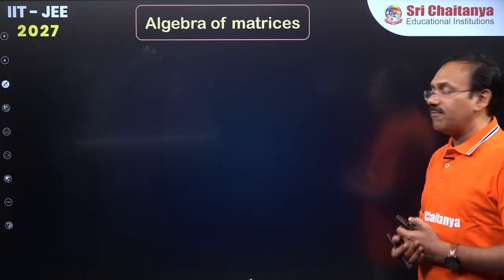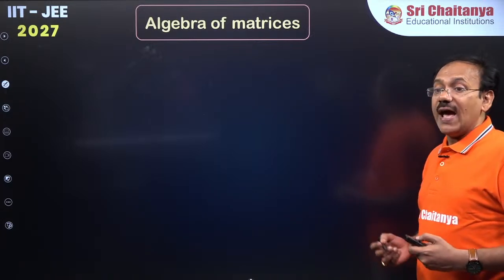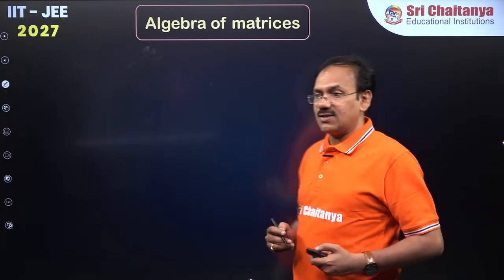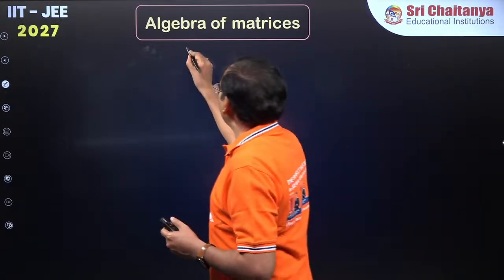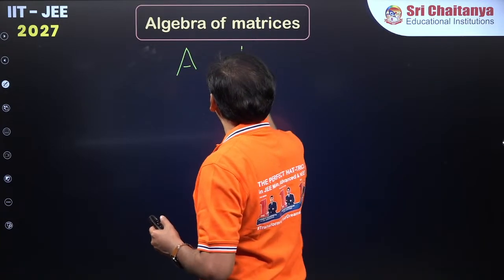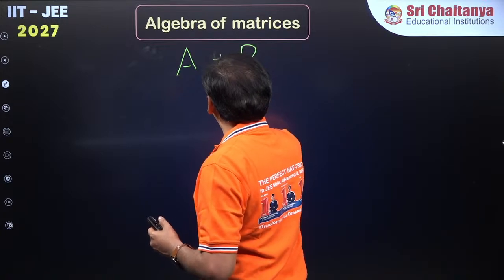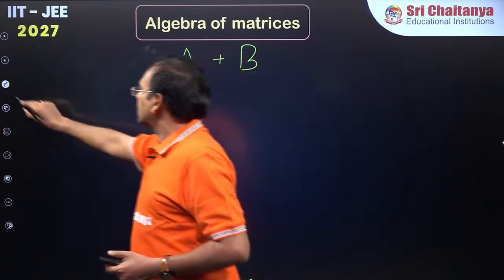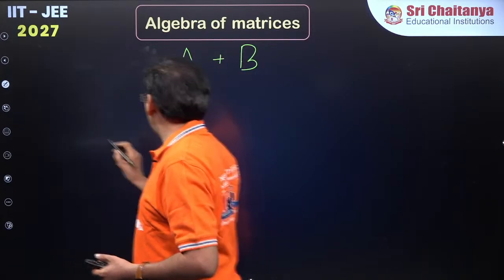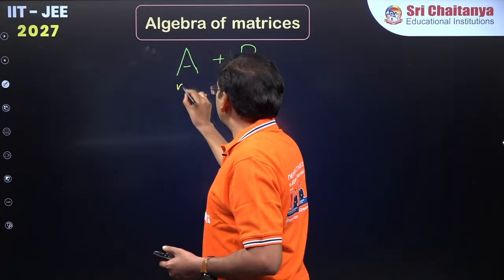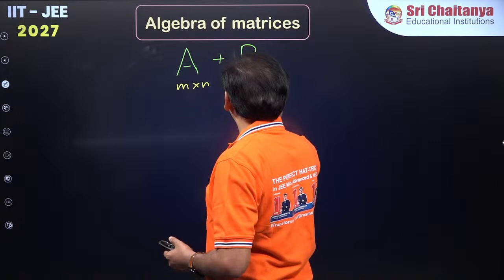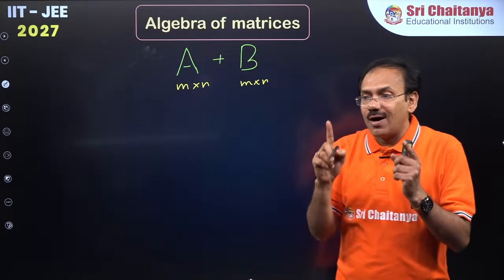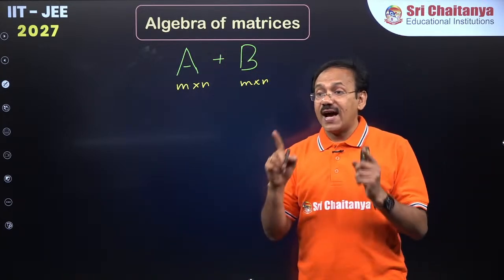Now algebra of matrices, coming to addition of matrices. Do remember, dear students, suppose A is a matrix, B is a matrix, I want to define addition. So we define addition of 2 matrices only when they have the same order.